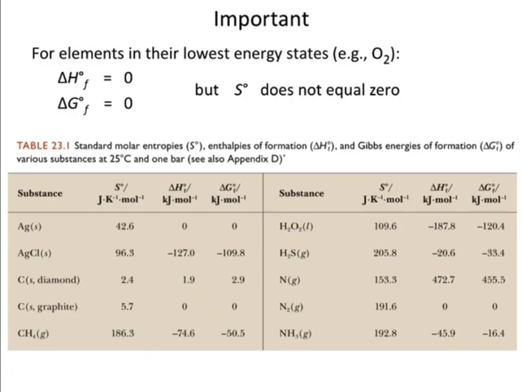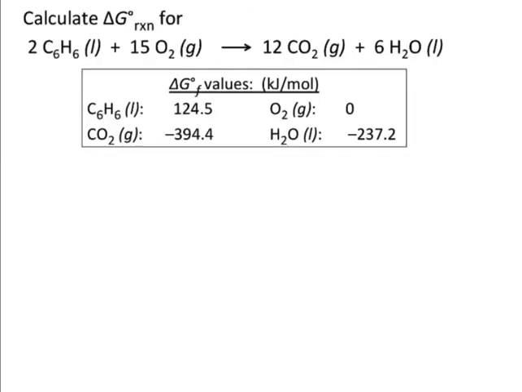All right, ultimately, you got a table. You can pull numbers out of it and do your math. Now, do be aware that sometimes in a problem, we might not tell you that the enthalpy or free energy change of formation is 0. So you may have a problem where this number is not given to you, and you should know that that's equal to 0 because this is an element in its most stable state.